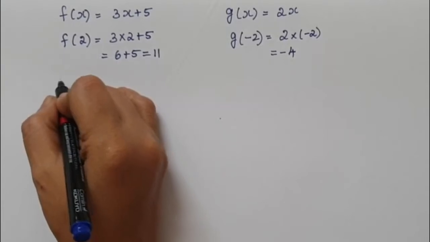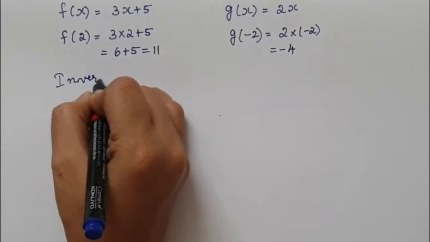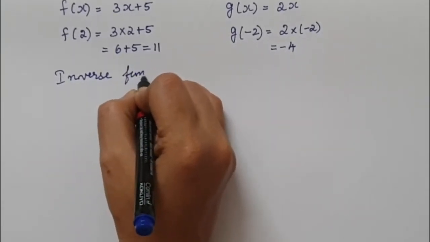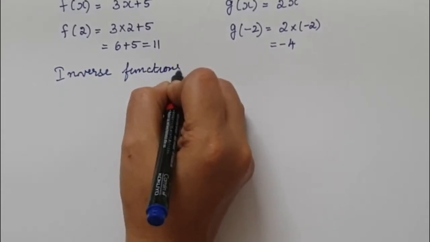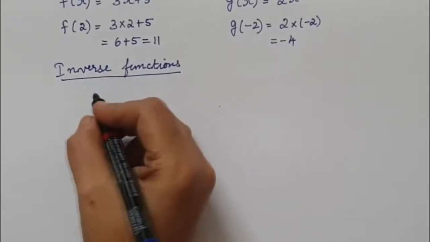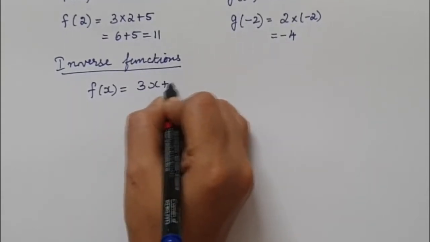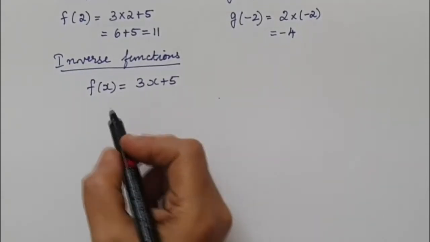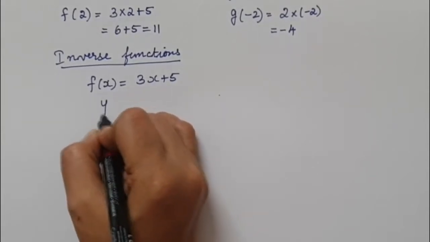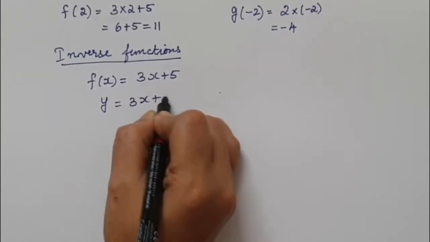Then the next one, inverse functions. The function f of x is given to us as 3x plus 5. If we need to find our inverse function, we take our function as y. Y will be equal to 3x plus 5.